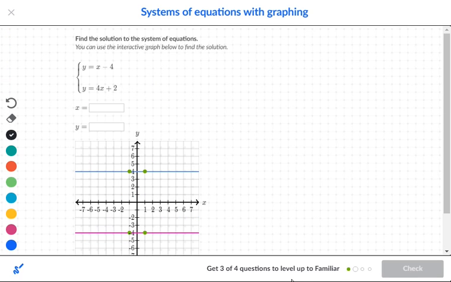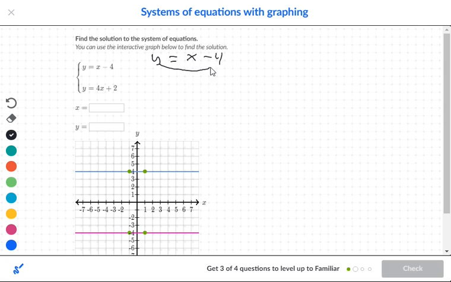Okay, next question. What we want to do is we have the equation in slope-intercept form. So we're going to say y is equal to x minus 4.